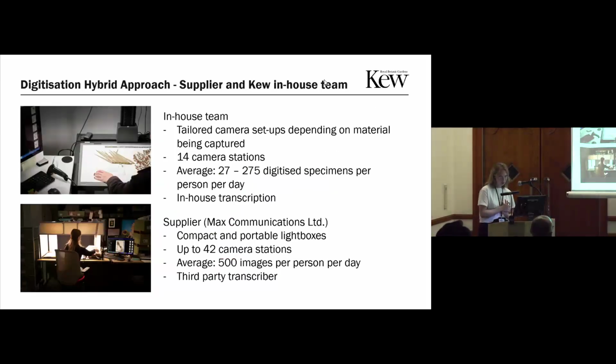So the difference between Max Communications, our contractor, and the in-house team, there are a few differences, but there are also some similarities. Our range in terms of number of digitised specimens per day is from 27 to 275 specimens per day, which sounds quite low, but for a single palm specimen, I think the most additional images that we've had have been 13, so 14 images for a single specimen, which is wild.